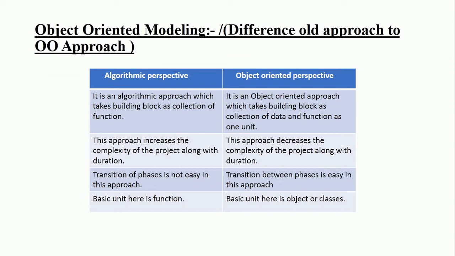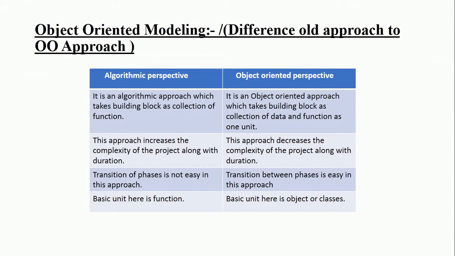Another difference: in the algorithmic perspective, this approach increases the complexity of the project along with duration. In the object-oriented perspective, this approach decreases the complexity of the project along with duration. So with increased time, the complexity is reduced in the object-oriented perspective.